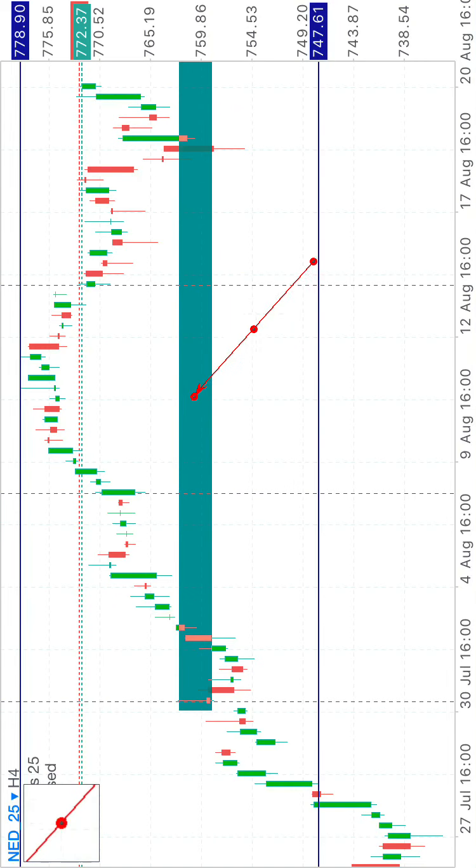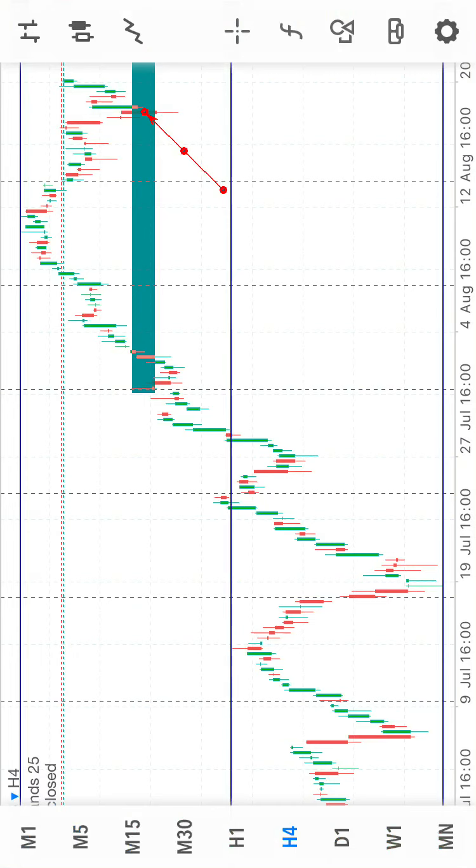That blue zone was taken from the daily chart, and this arrowed candle broke above that zone. So that zone is no longer a resistance zone, but it is now the support zone. So when prices do a retest, we will be looking for buy opportunities on that zone.